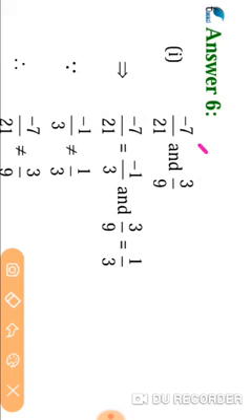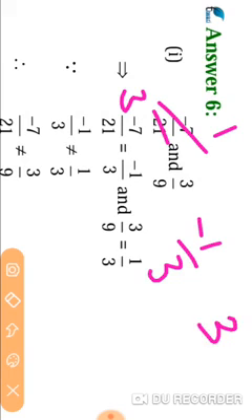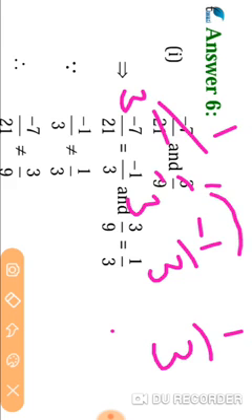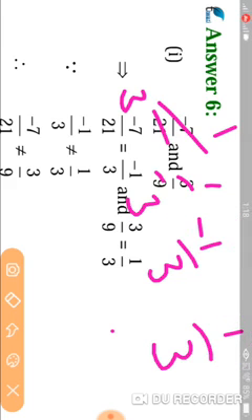See, minus 3 by 9 here, 3 1s are 3, 3 3s are 9. So 1 by 3. Are they equal? No, because one is negative and one is positive. So these are not equal.